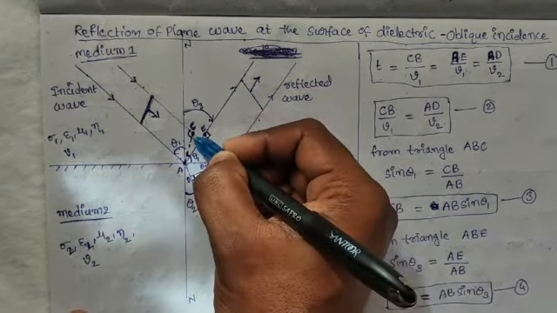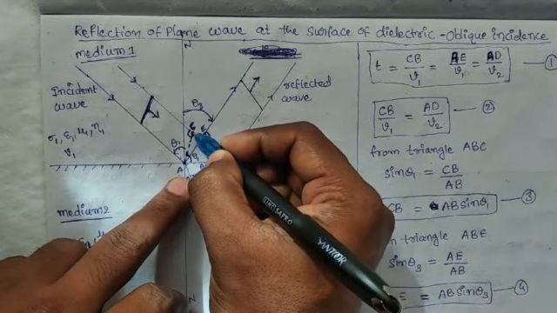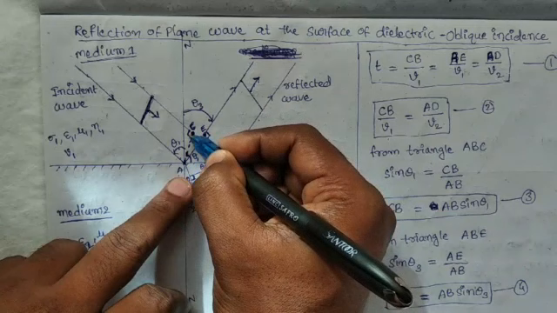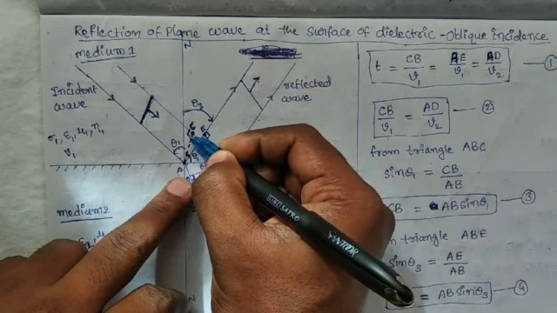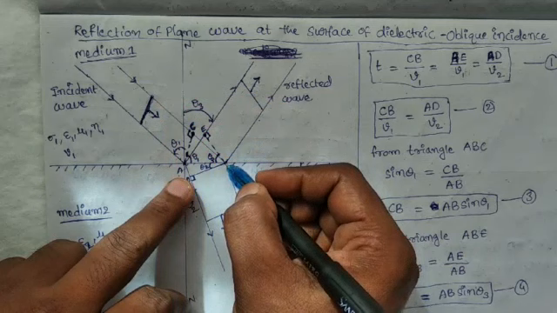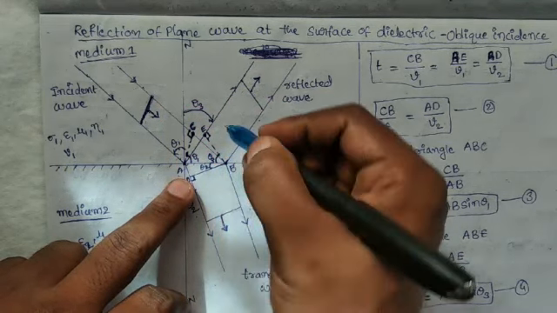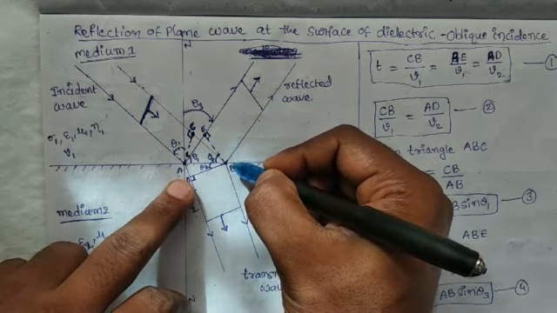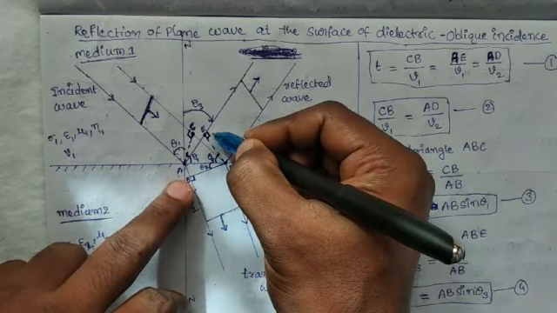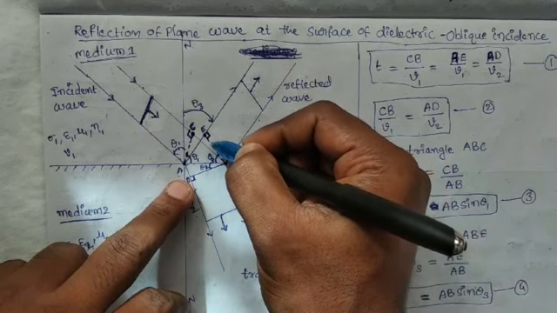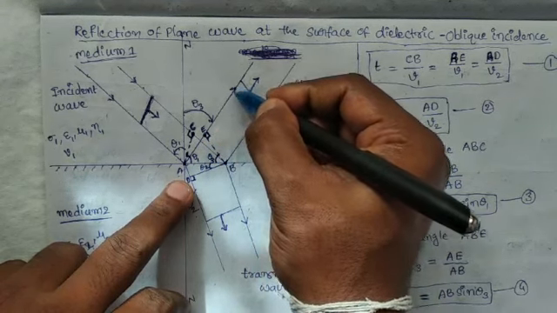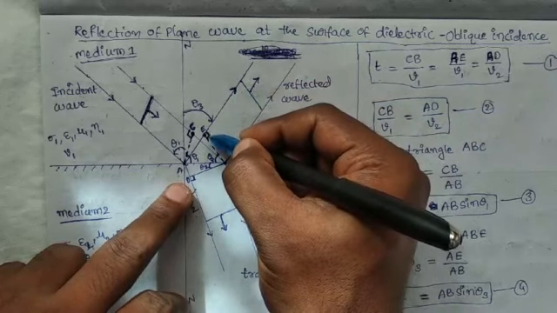A to C is our incident wavefront, and AC makes a 90 degree angle with the direction of propagation of the incident ray. Similarly, BE, the reflected wavefront, makes a 90 degree angle with the direction of propagation of the reflected wave.